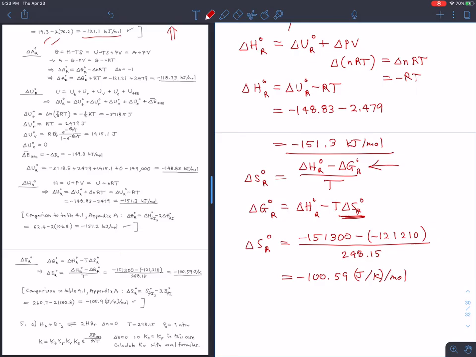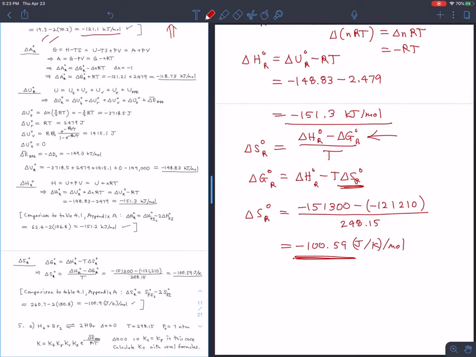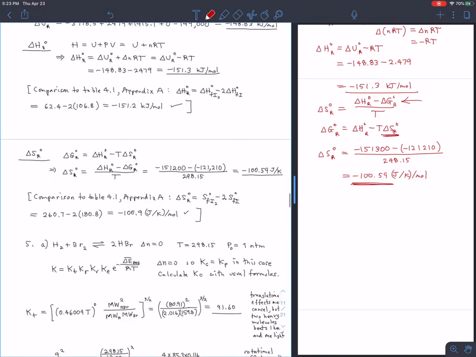That number can be compared also to the tables. If we do that calculation, that's over here actually. Let me spread this out so it's easier to see. Here's the table calculation, again using the absolute third law entropies of formation, and you get minus 100.9. So we're only 3/10 of a tick off in our calculation.